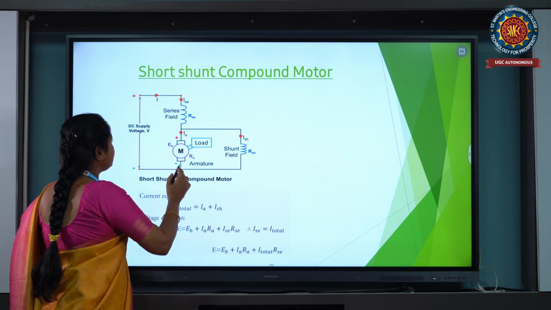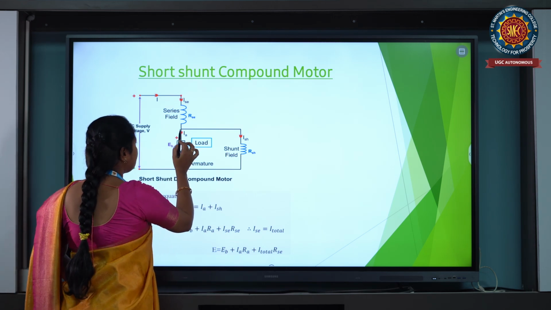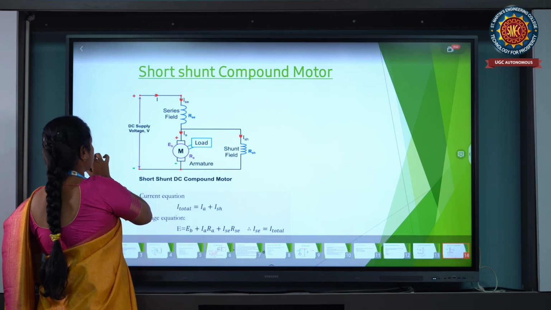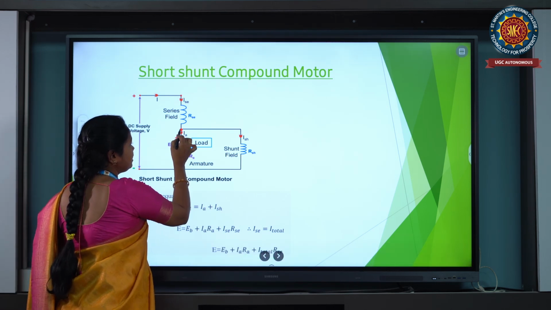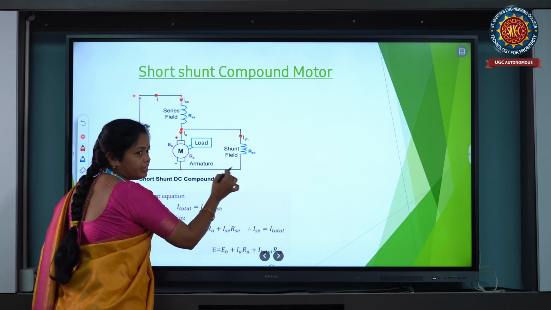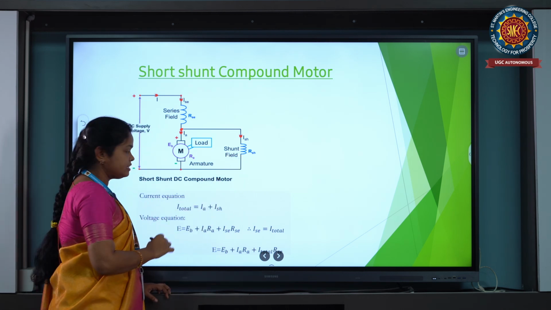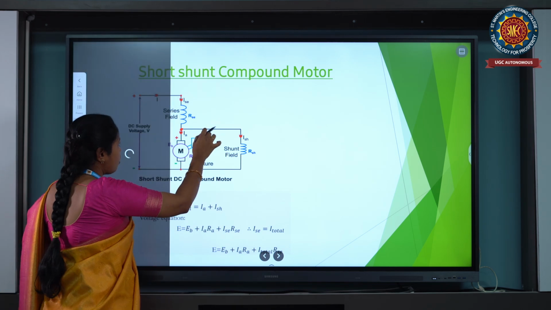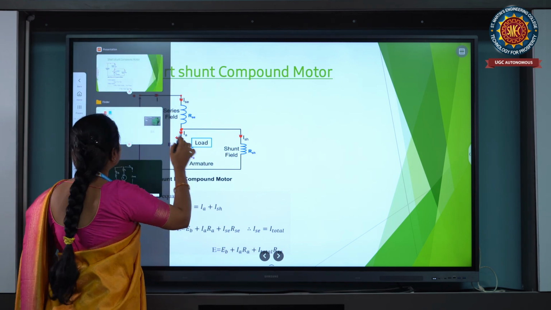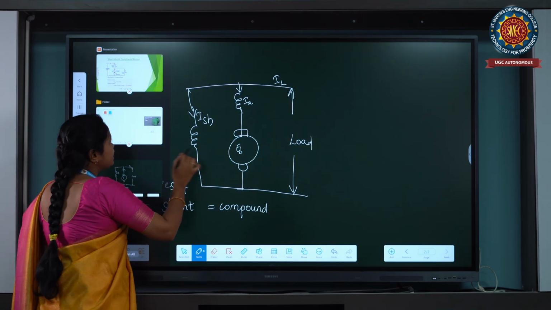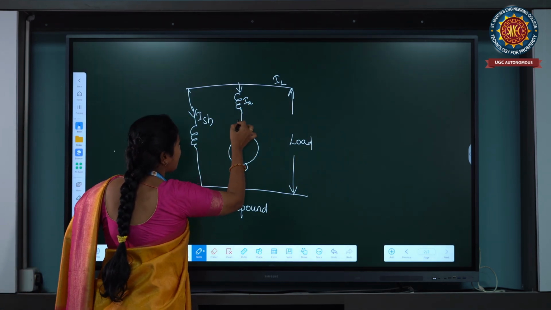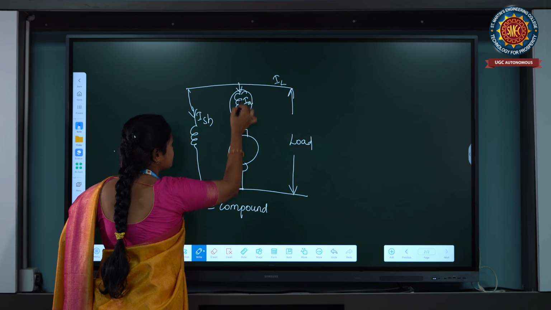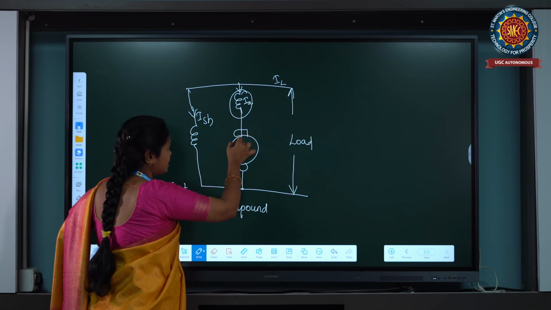And next one is the short shunt. In the short shunt, at this point only we are connecting the shunt field winding. So what is the difference between these two? In long shunt motors, we directly connect the armature resistance to the armature series field winding.